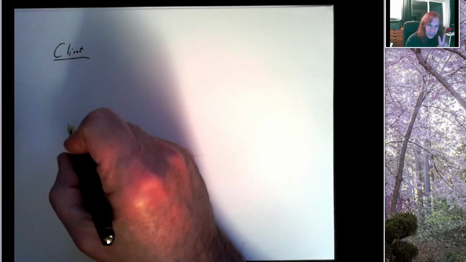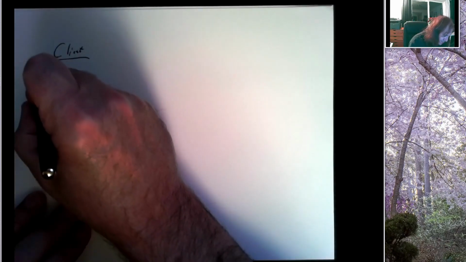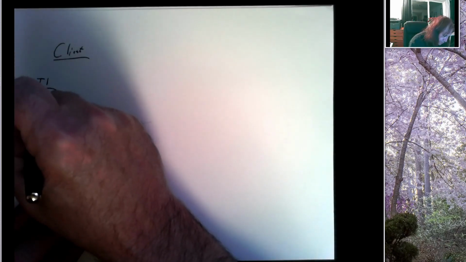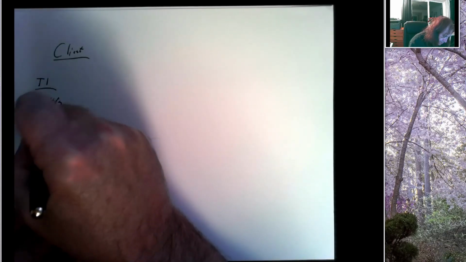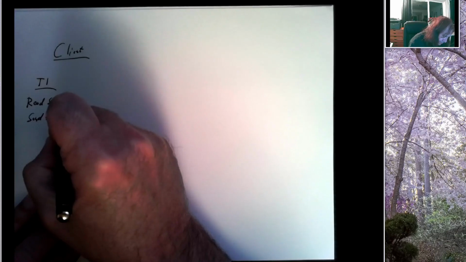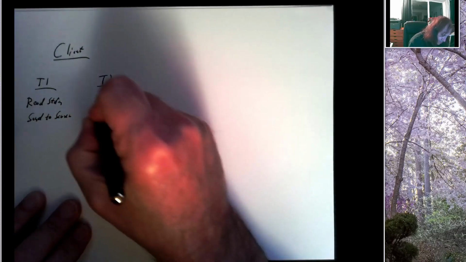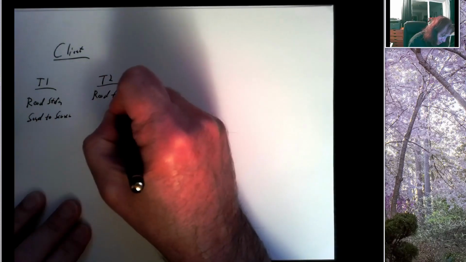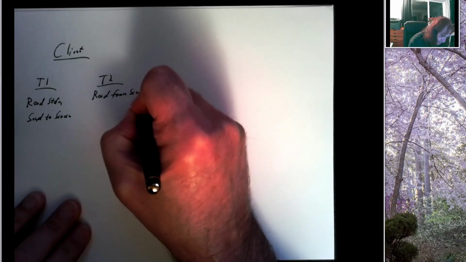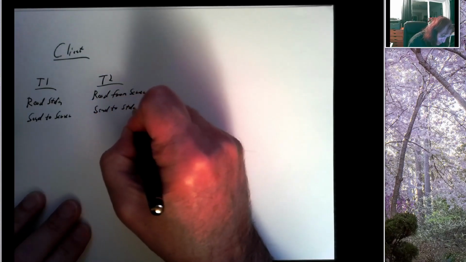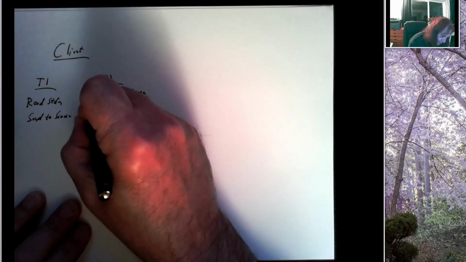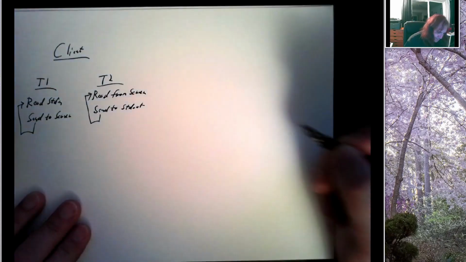We could have two threads on the client side. Thread 1, read standard in, send to server. Thread 2, read from server, send to standard out. And both of these loop forever.